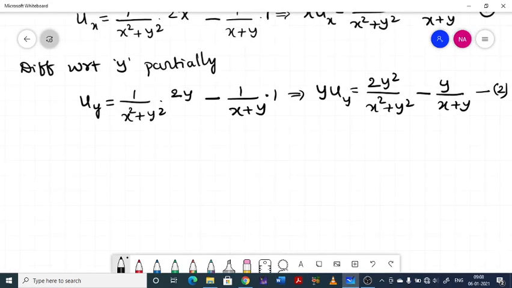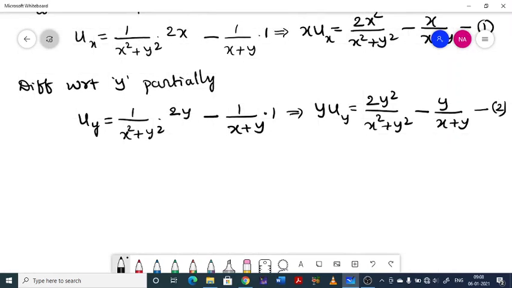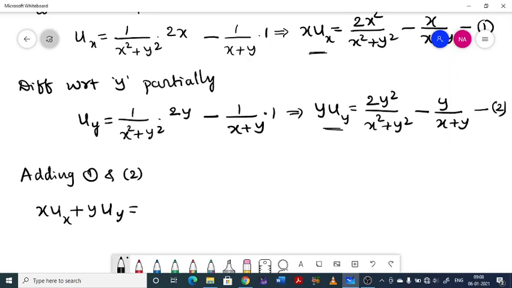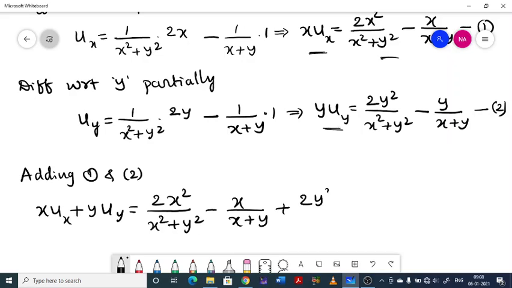Now adding equations 1 and 2, you get x ux plus y uy equal to, now write the right hand terms: 2x square divided by x square plus y square, minus x by x plus y, plus 2y square divided by x square plus y square, minus y by x plus y.